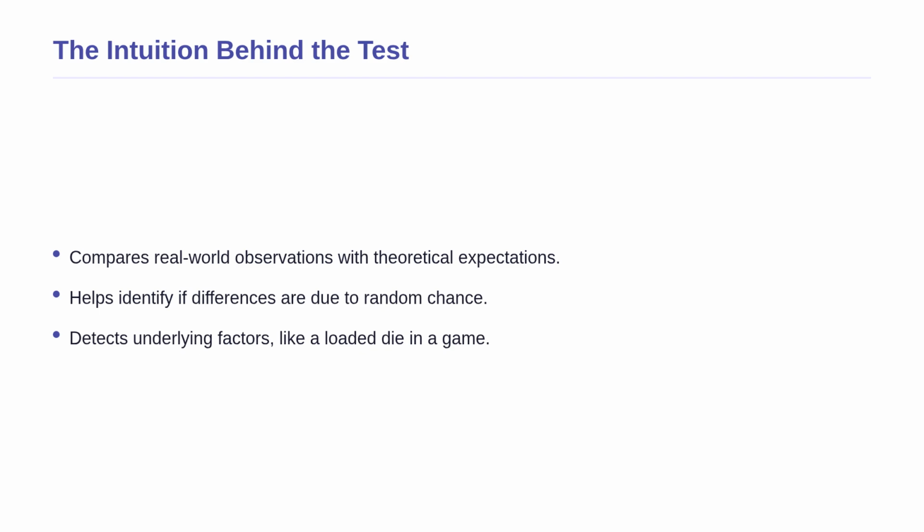How do you prove it? The chi-square test does exactly this. It compares your real-world observations, the actual dice rolls, against your theoretical expectations. By measuring this gap, it tells us if the difference is just a lucky streak or if something deeper, like a rigged die, is actually going on.